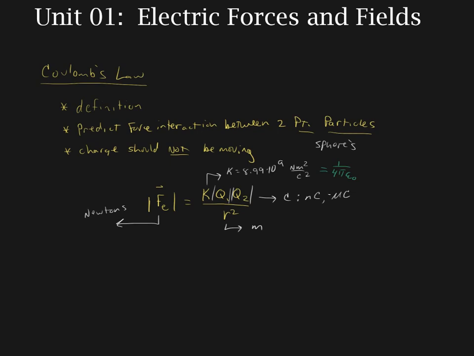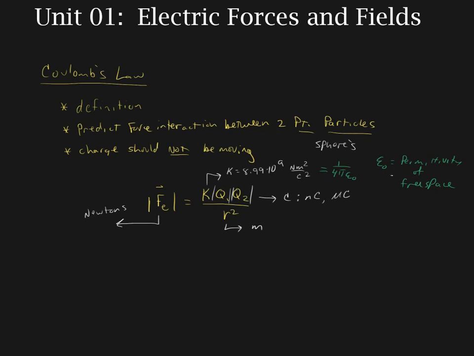So we'll talk about that more a little bit later. But in the meantime, what the heck is epsilon naught? Well, epsilon naught is called the permittivity of free space. And basically all that means is how well an electric field can travel through space.